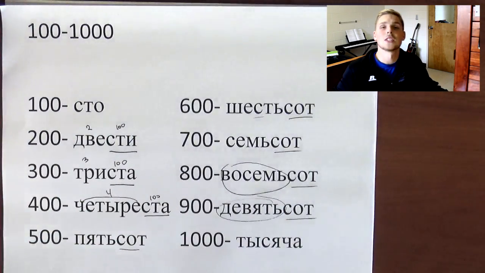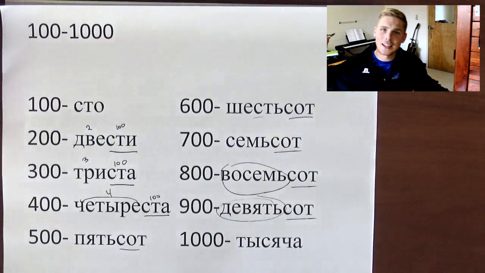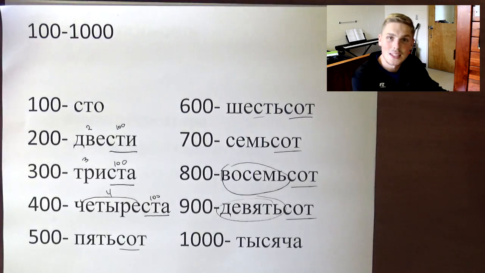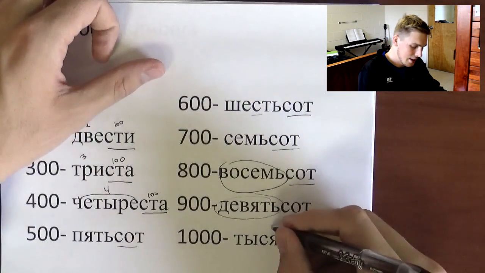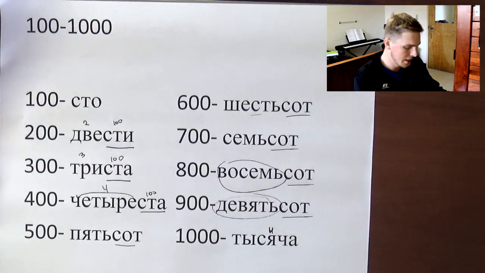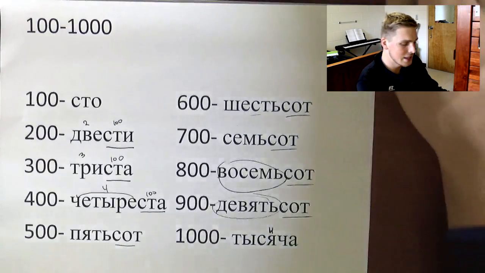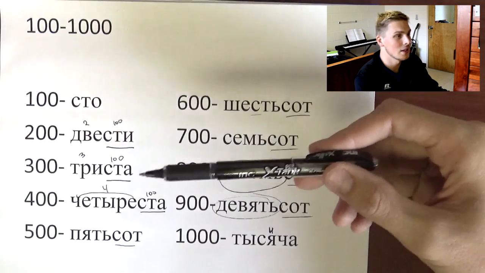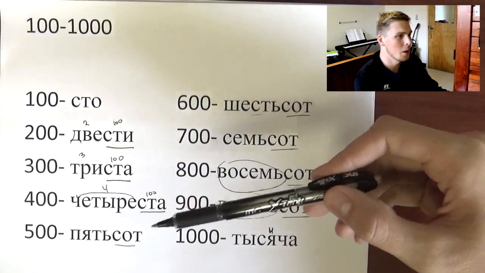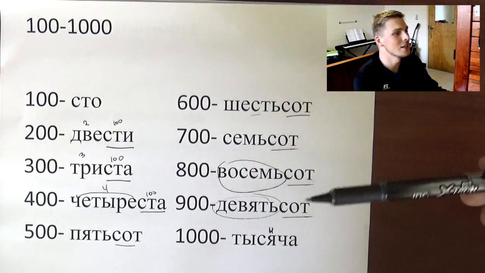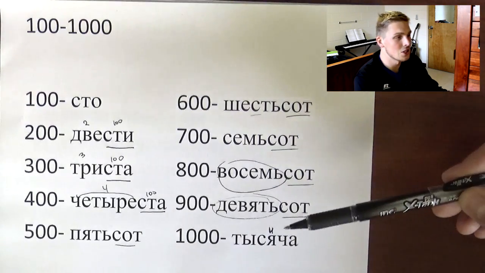And then finally 1000 is going to be 1000. So the letter Y is going to sound like E. Okay? So just to restate them once again, it's going to be 100, 200, 300, 400, 500, 600, 700, 800, 900, and 1000.